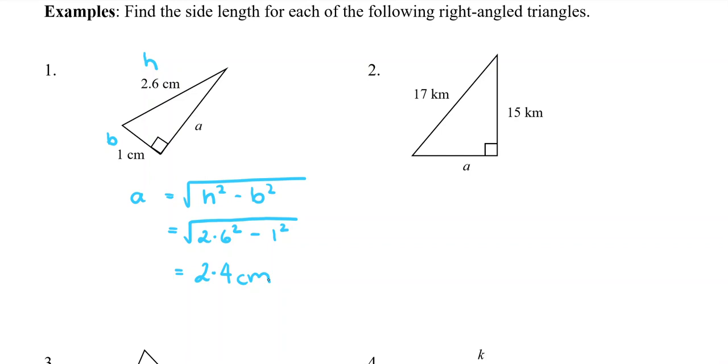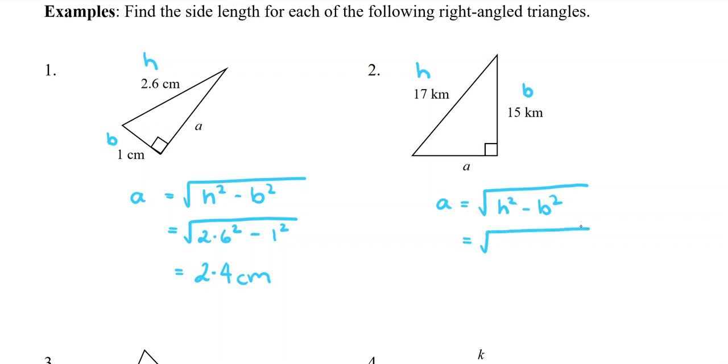Let's do it again. We're finding a shorter side, so it will be a equals big square root h squared minus b squared. Which number is h on question 2? The 17. Good. So this one's h, which means that this one has to be the b. Sub it in.